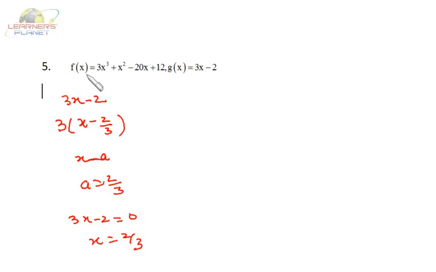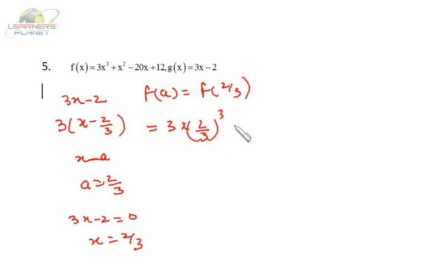Now we have to calculate the value of f(a), and f(a) will be f of 2 by 3. So let's put the value of x as 2 by 3 in this expression. So it's 3 into (2 by 3) whole cube plus (2 by 3) square minus 20 into 2 by 3 plus 12.